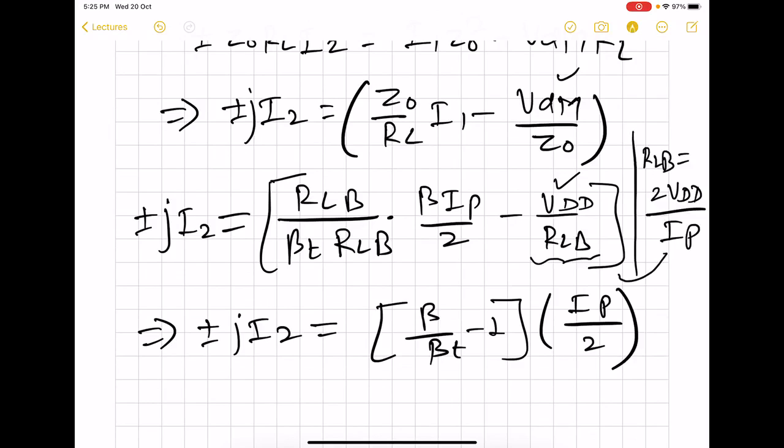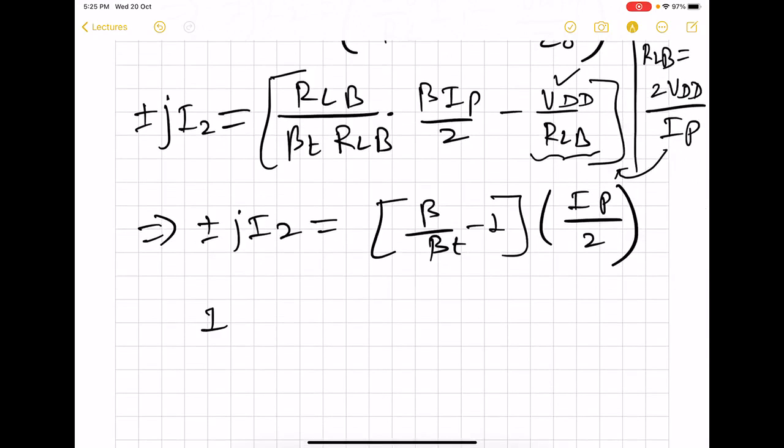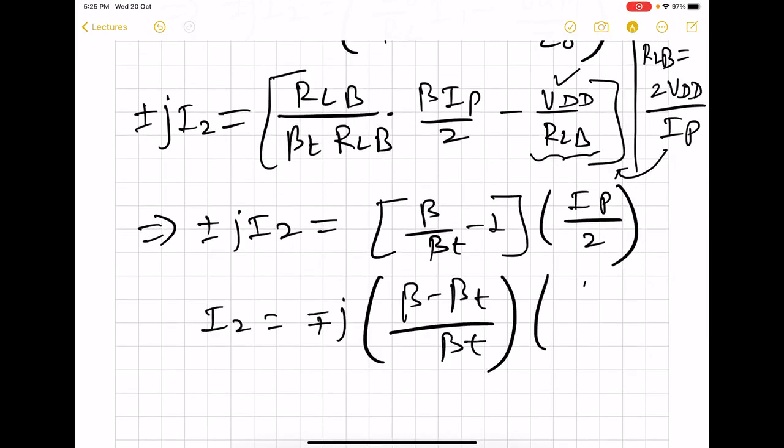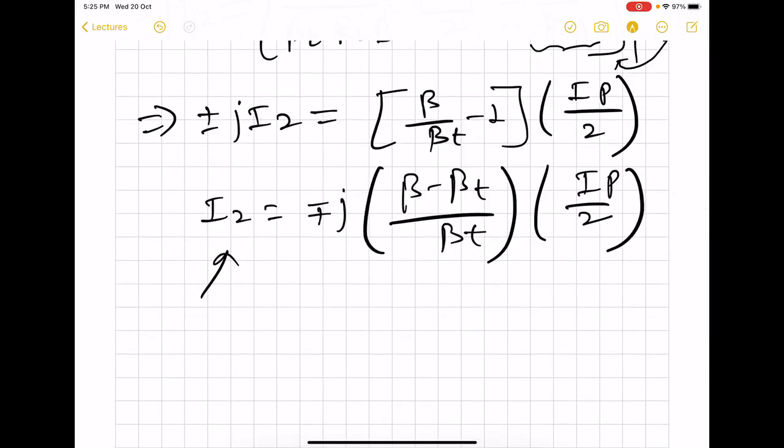So using this, we eliminate this and write in terms of IP, and then this is what we get finally. So I2 can then be written as minus plus j into beta minus beta T by beta T into IP by 2. So this is the fundamental of the current produced by the auxiliary amplifier.